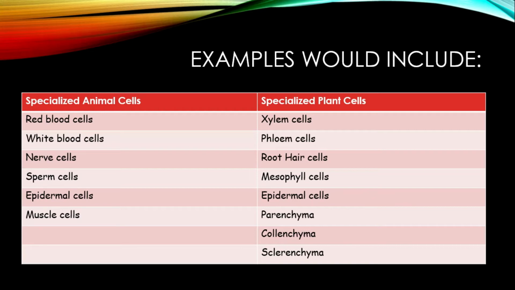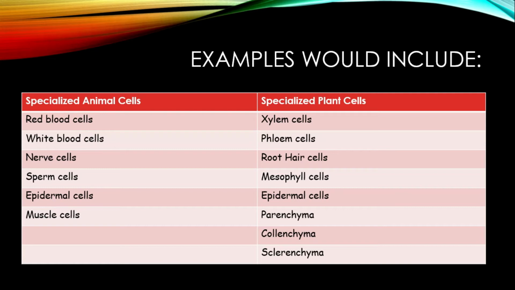The syllabus really wants us to cover muscle cell, nerve cell, epithelial cell, sperm cell, and the ovum or the egg. The egg cell is not listed here, but we're going to be covering it later in this lesson. So remember that we're going to be covering the egg cell and of course the sperm cell.